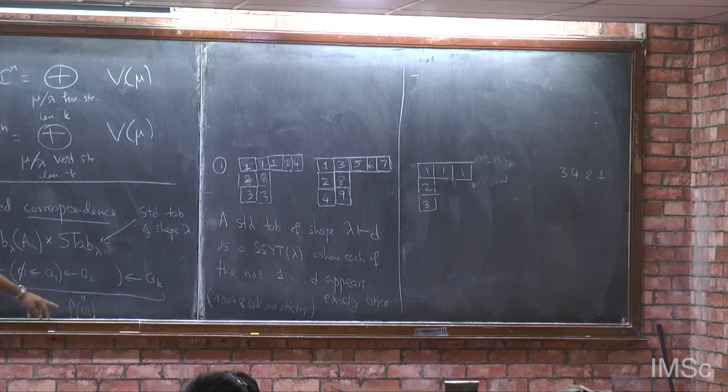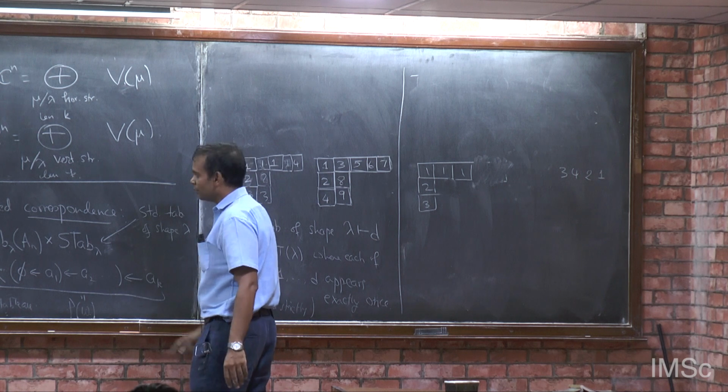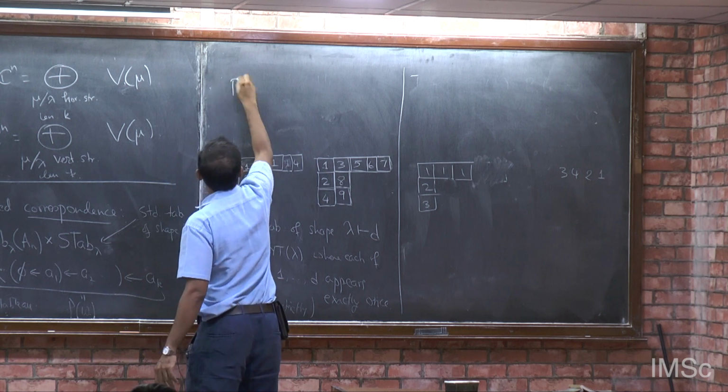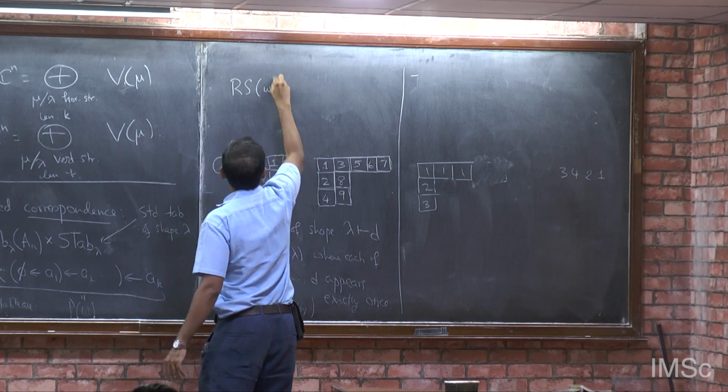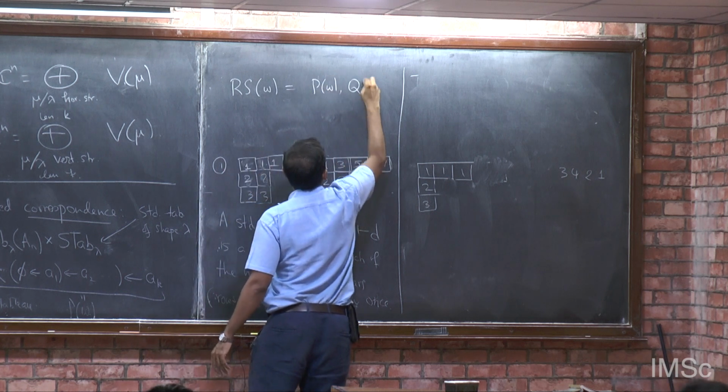It is called the insertion tableau of W. And this other guy is called Q, and it is the recording tableau. So RS of W we write as P of W, comma Q of W.